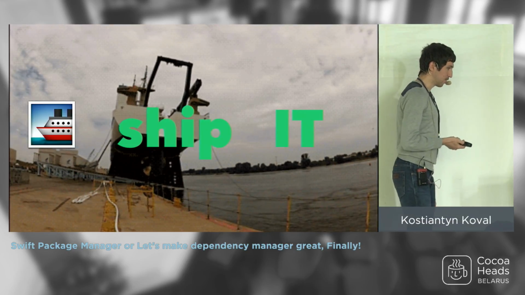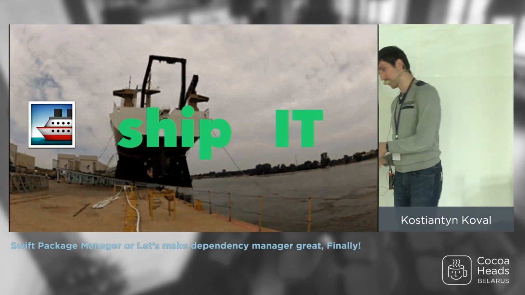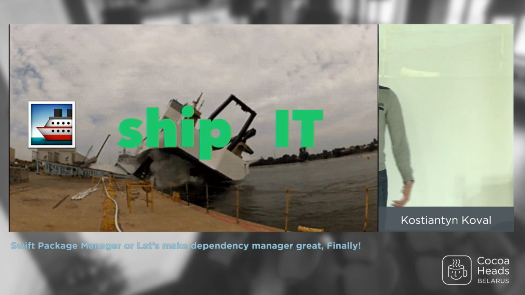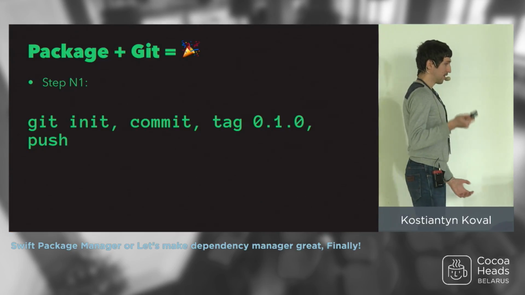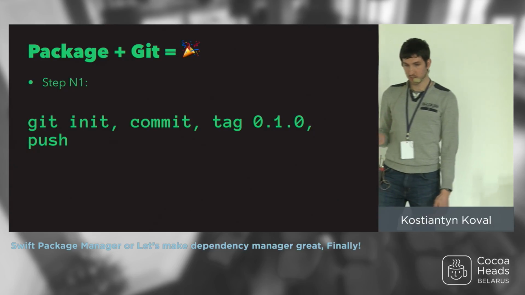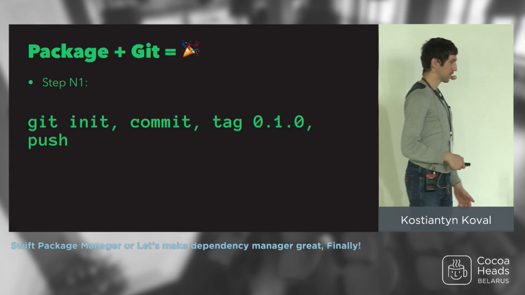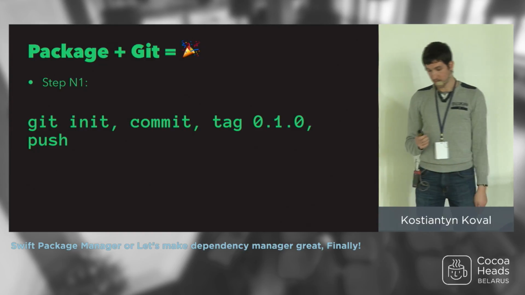So you did it. Now we want to ship the stuff. You wrote your code, put it into the source folder. You did everything. What's the next point? Swift Package Manager uses Git, similar to Carthage. So you make your Git commit, add a tag, and yeah, you ship it.